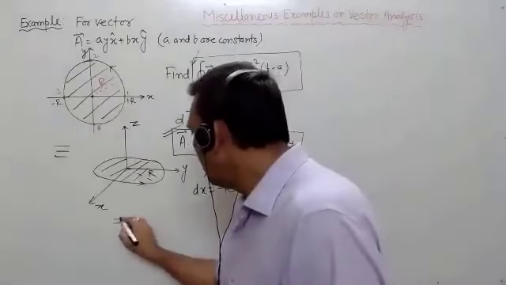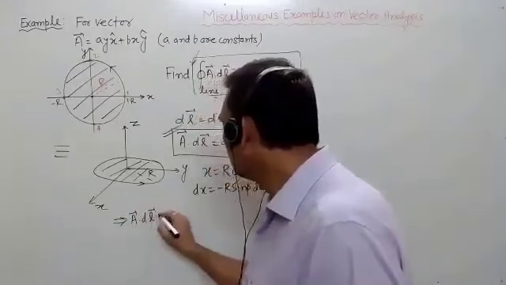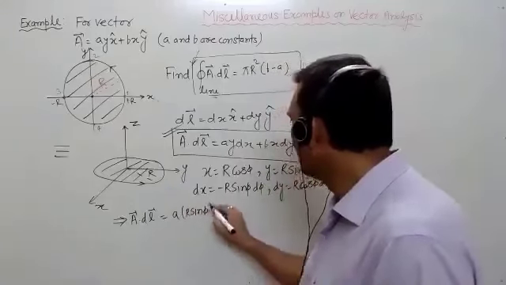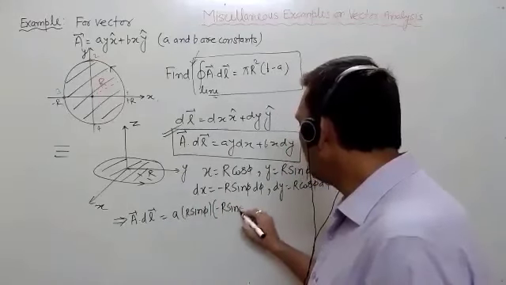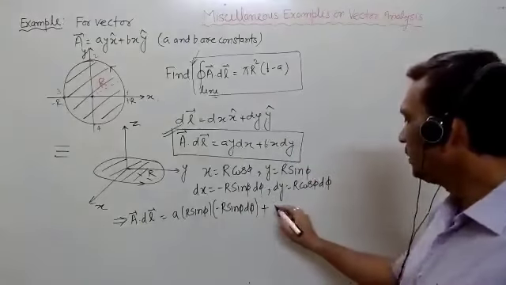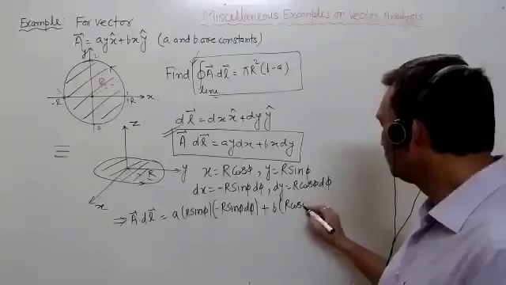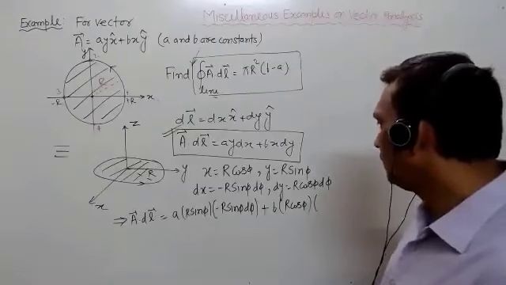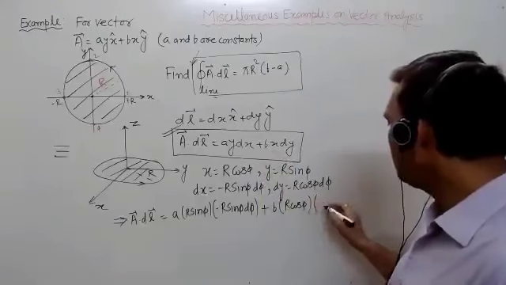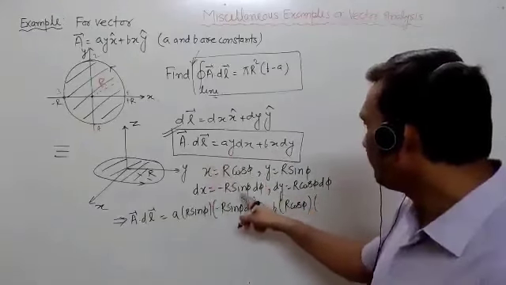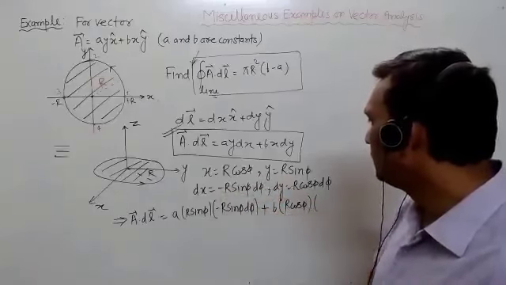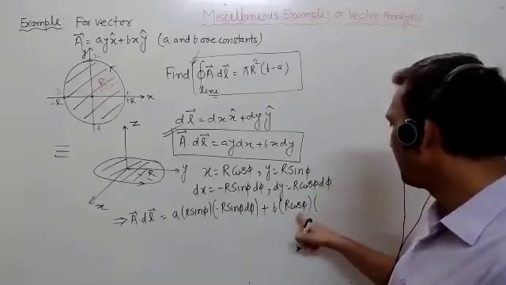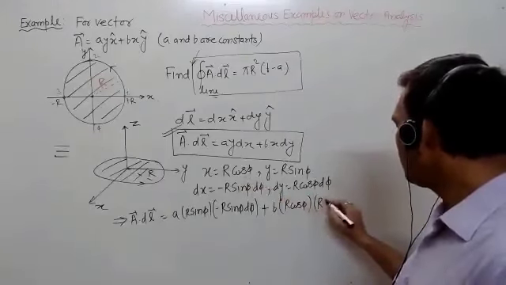So now A dot dl will be a into y, y is r sin phi, and dx is minus r sin phi d phi, plus b into x, x is r cos phi, and dy is r cos phi d phi.